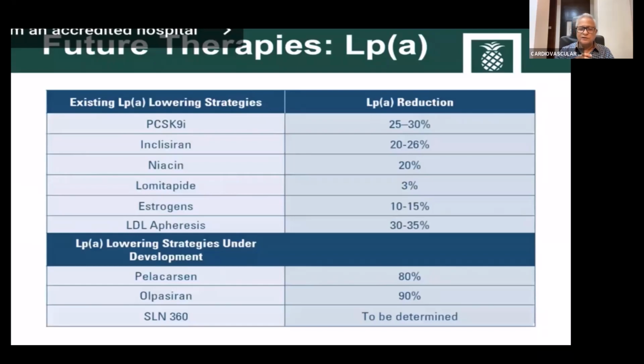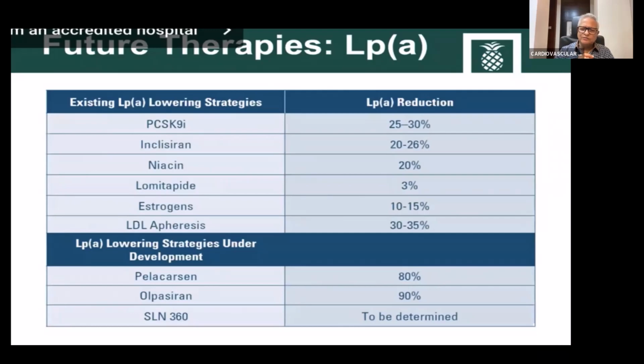Otherwise, we'll require lomitapide and niacin. Of course, niacin 20%, a very cheap drug. And I use niacin in my practice. I see no hot flushes, nothing. NF niacin is available and it's very safe. We can use 1000 milligram in patients over a period of time. It doesn't come down easily. Over a period of, you continue for 1 year, LPA comes down significantly.